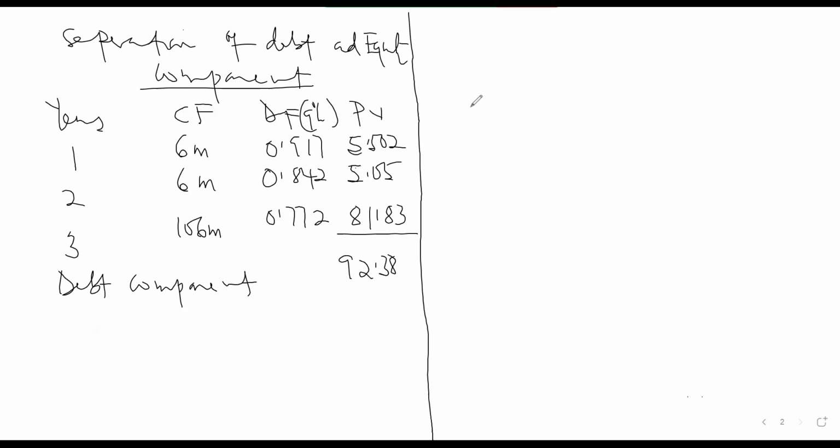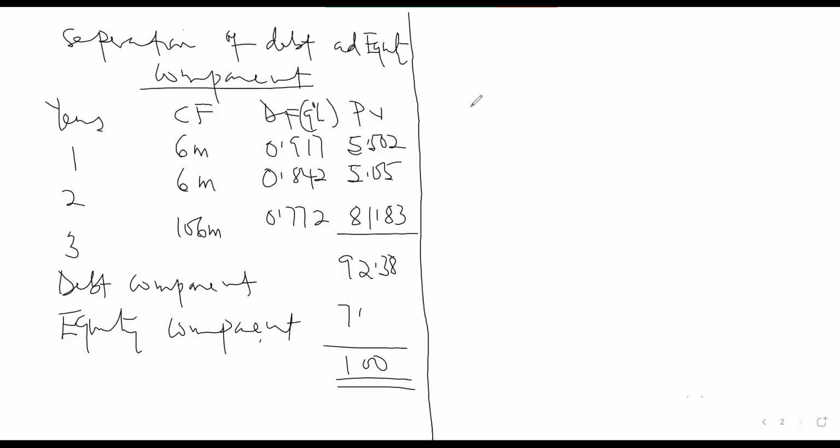Let's calculate the equity component. So the money that we receive is 100 million, but the present value of the debt, the market value of the debt, is 92.38. The meaning is that equity will be how much? 7.62.